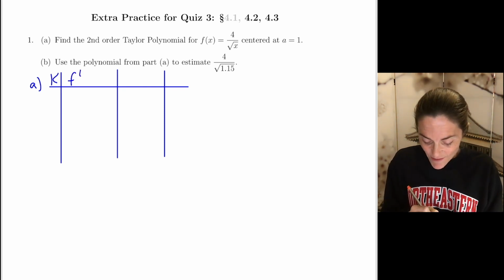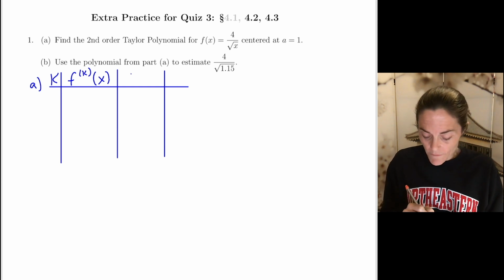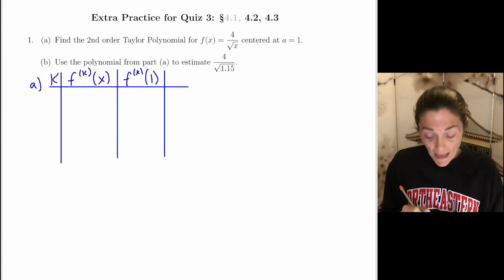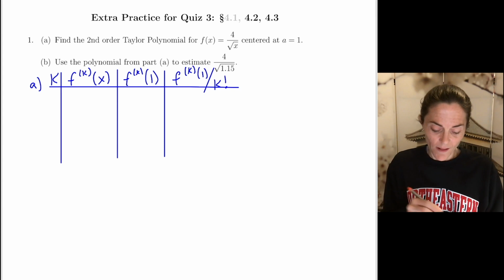We have the kth derivative as a function of x. And then we have the kth derivative evaluated at my center. Here my center is a equals 1. And then the final column is the kth derivative evaluated at the center over k factorial. And this final column gives me the coefficients of my Taylor polynomial.